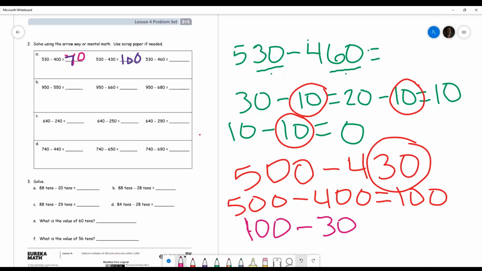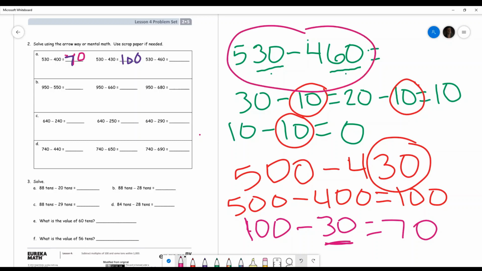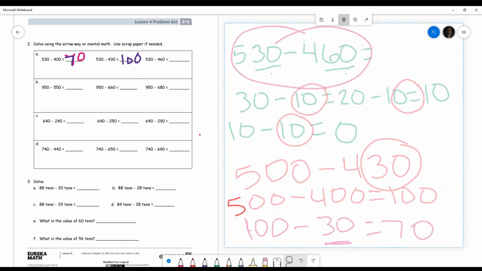Well, I already know what that is from my first problem, right? 70. Now you could break apart those tens as well in your head. That is the mental math way. Now for this problem right here, maybe doing it the mental math way is a little bit too difficult and you want to do it the arrow way. That's fine. It's your choice. I would try to practice mental math though as much as you can.